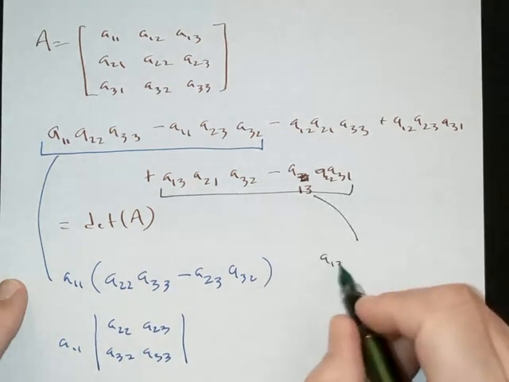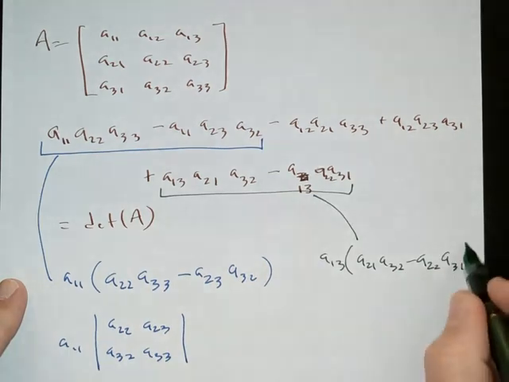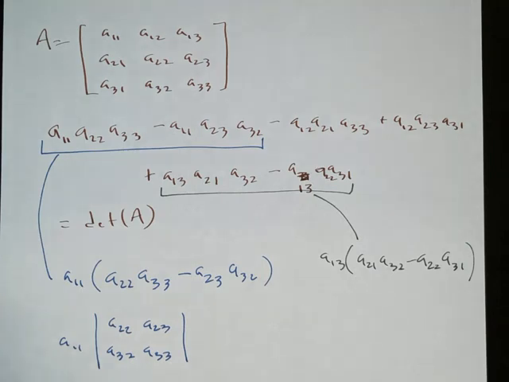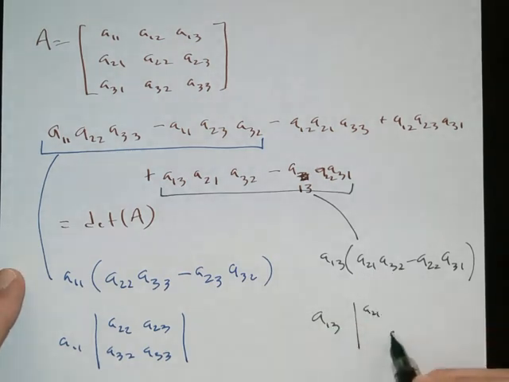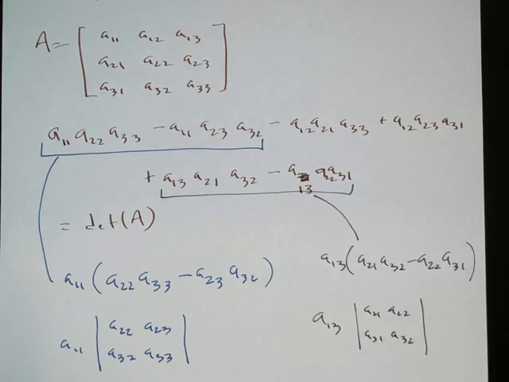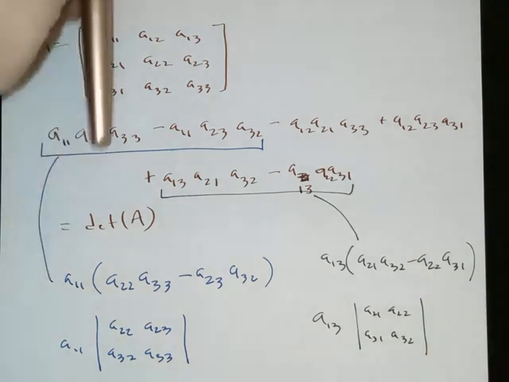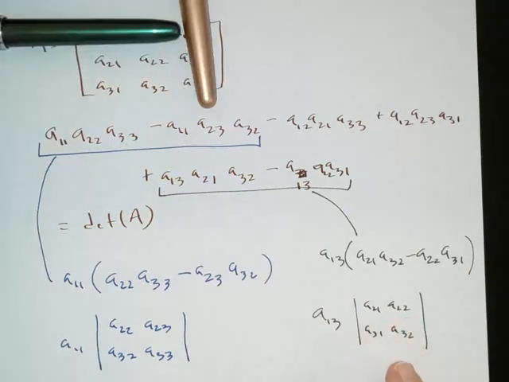If I pull that out, AD, B, C. And what's more, two, 1, 2, 2, 3, 1, 3, 2.